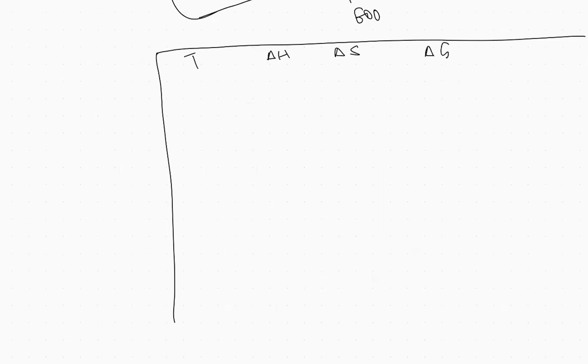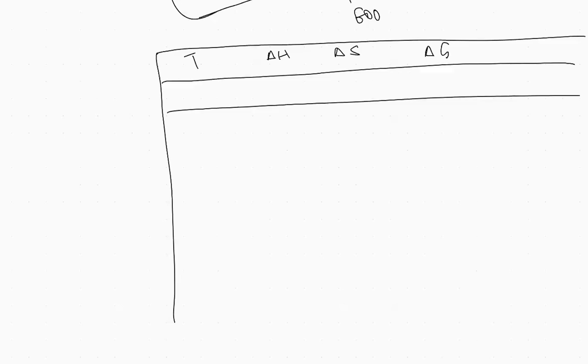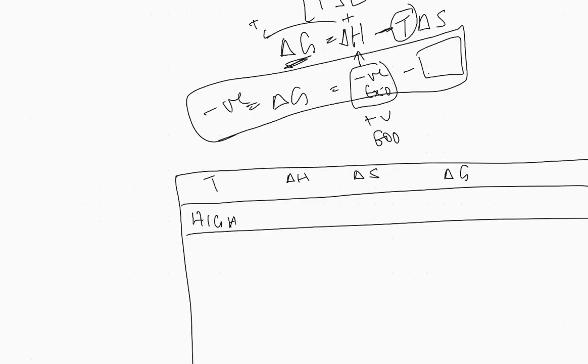If the temperature is very high, what I mean is this T value here is high. Let me use a different color. This T value is high, so high temperature. And if delta H is negative and the change in entropy is positive, which it has to be for a spontaneous reaction, then delta G is going to be a negative value, right?